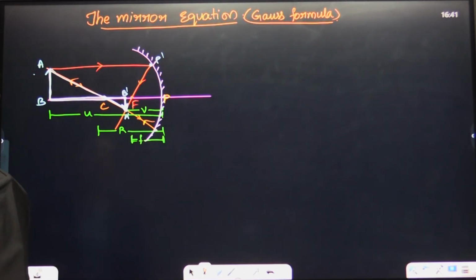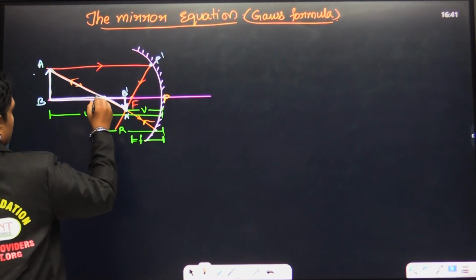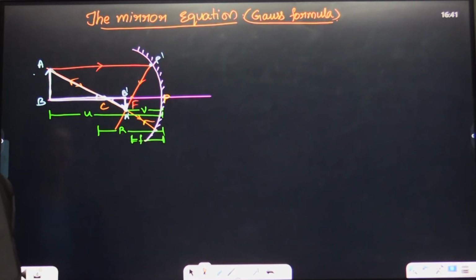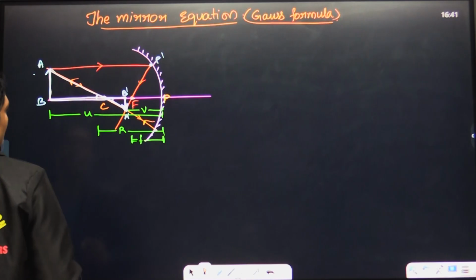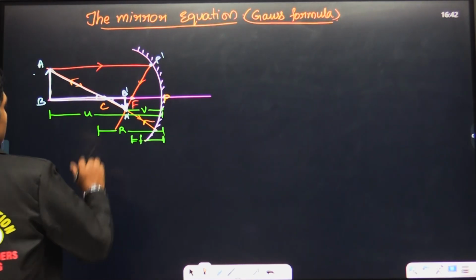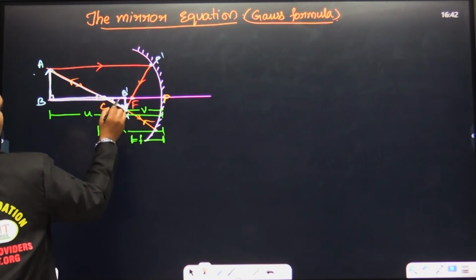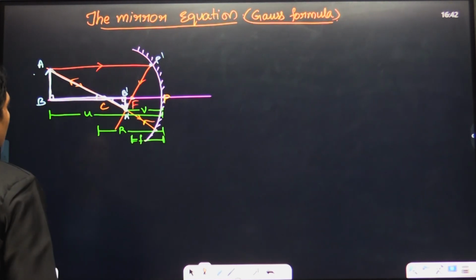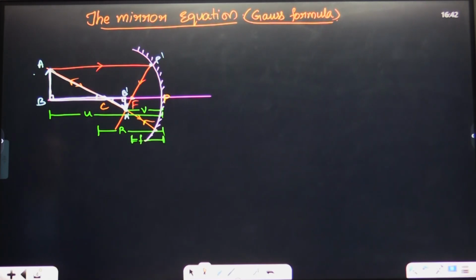If you observe the two triangles carefully, they are both similar. The reason is that these two are vertically opposite angles, this is the common line for both cases, and there is a right angle at B and B dash. From the ASA property, we can say that both triangles are similar.